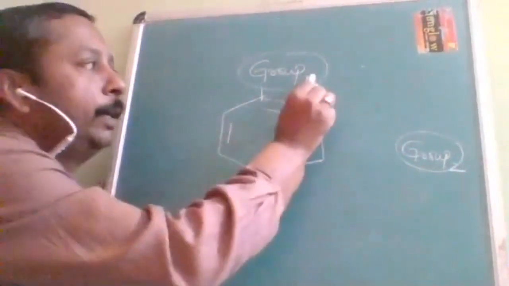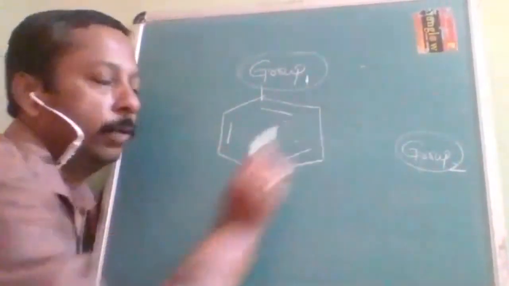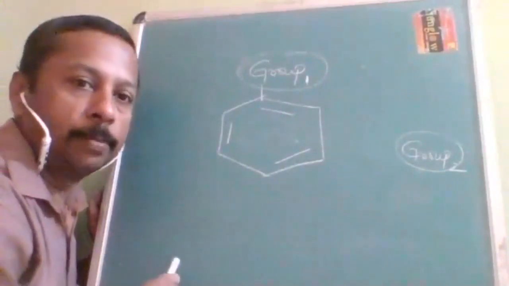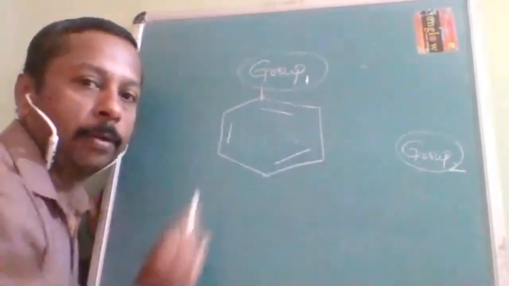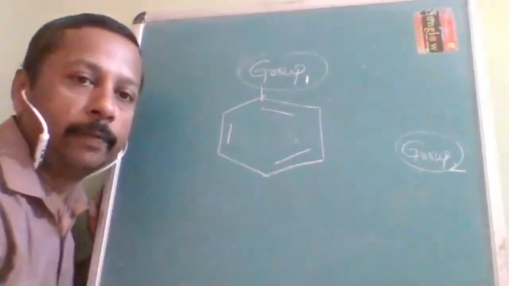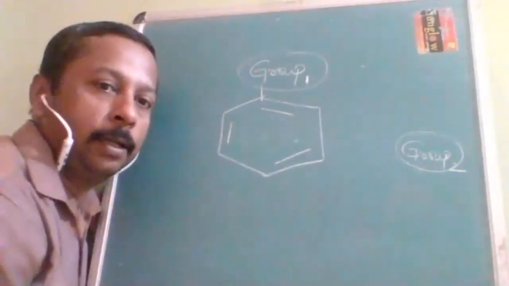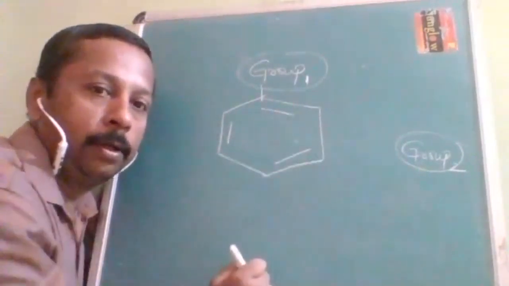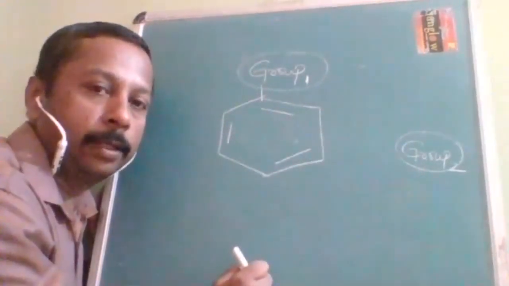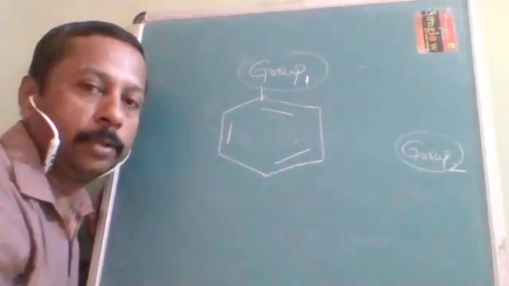The group 1 will decide where group 2 is going to stay. That means directive influence is the topic when a mono-substituted benzene is going to be converted into disubstituted benzene.